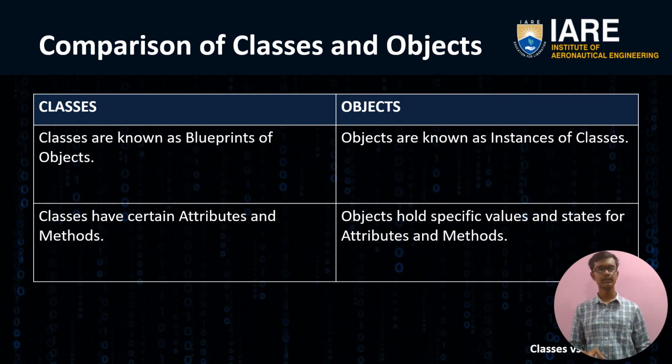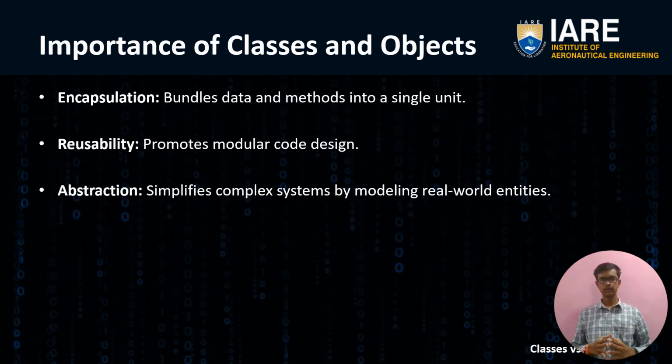Just as we have defined the model of the car and Toyota. The model of the car is an attribute and its value is Toyota. This is the comparison of classes and objects from a deeper perspective.